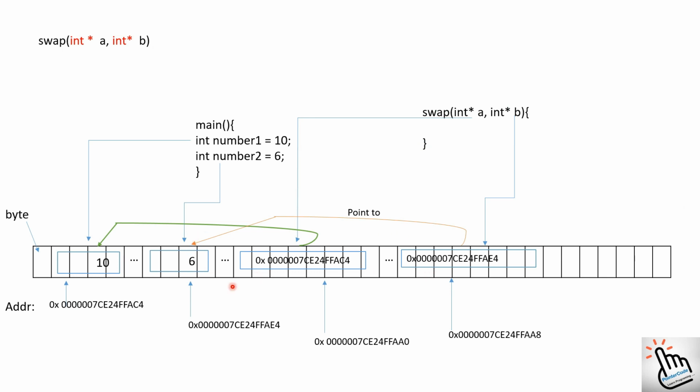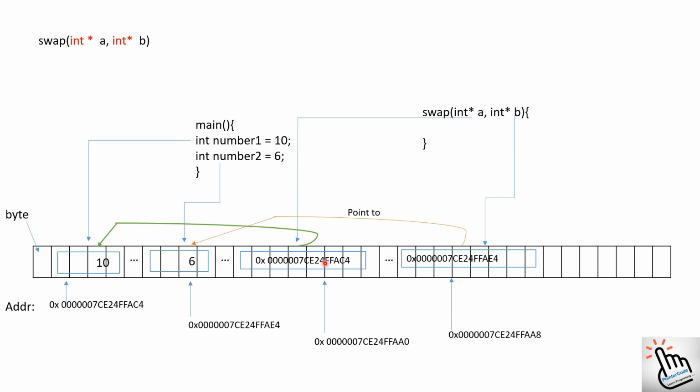This happens in memory, and we still have variables number 1 and number 2, and in this case the compiler will create two new variables, A and B. The size of a pointer on a 64-bit OS is 8 bytes.